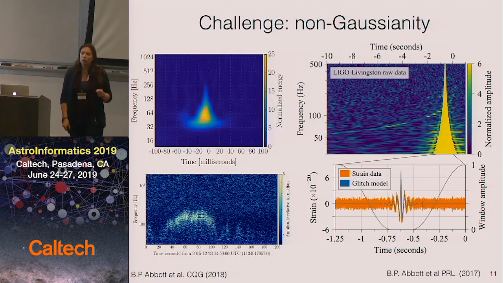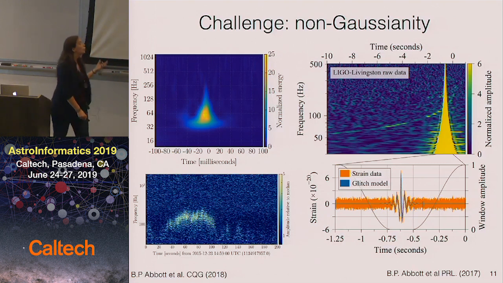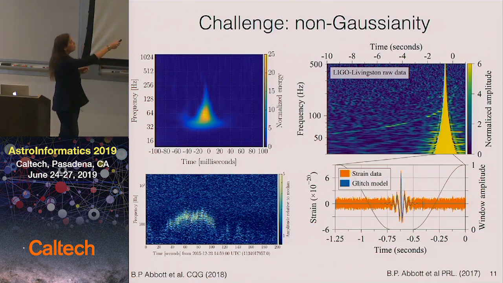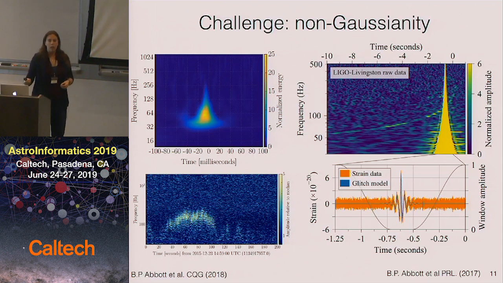These are particularly insidious because the time-frequency morphology is essentially indistinguishable from a very heavy total mass system with anti-aligned spin. It's very difficult for our matched filter algorithms to distinguish this type of noise from the compact binary coalescence that we are searching for.